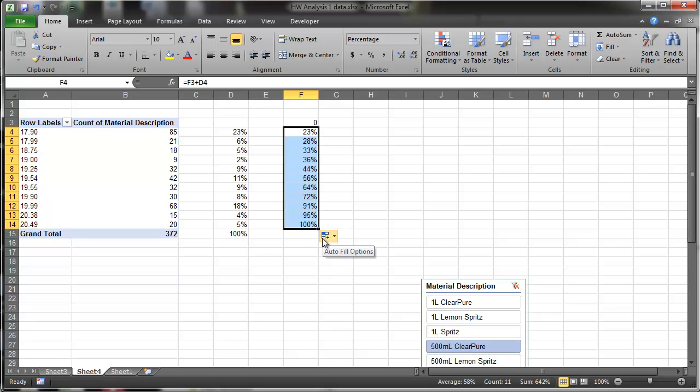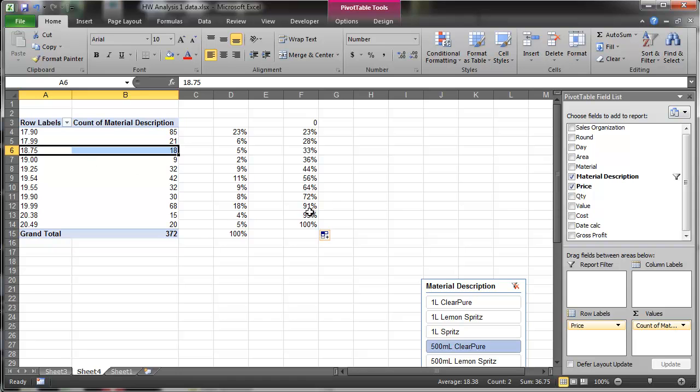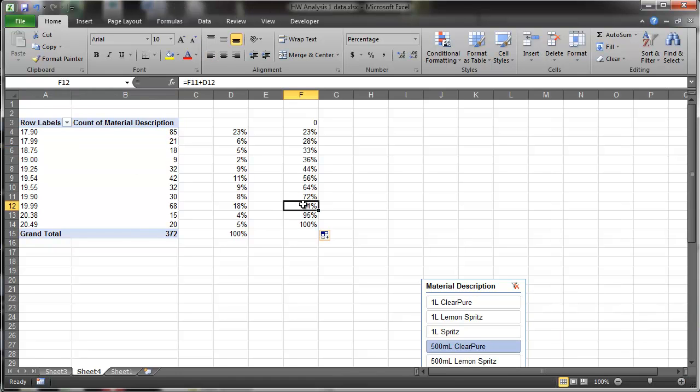And so if I get this right, 23% is the probability that it's less than $17.90. 28% is the probability that it's less than $17.99. So if I want some difference, like between this one and this one, then I would just subtract those two. So I'd subtract 91% minus 33% and get about 57% in that range.